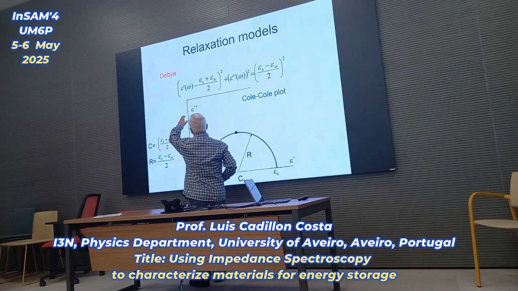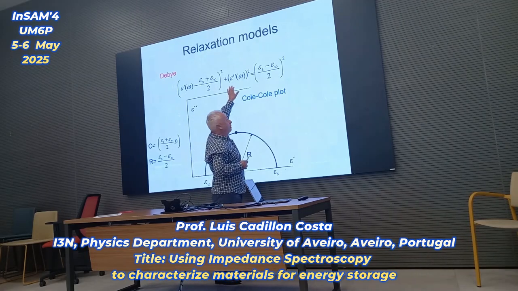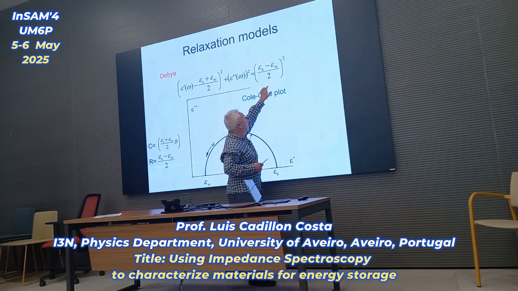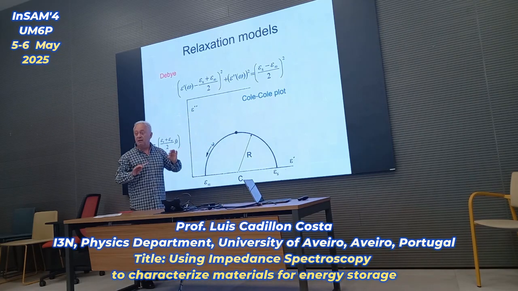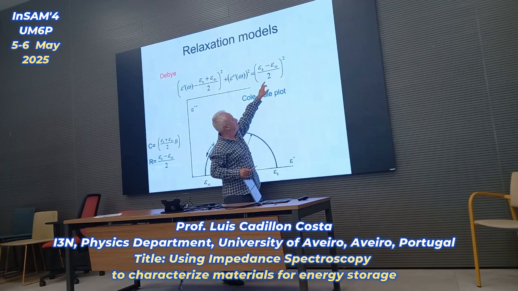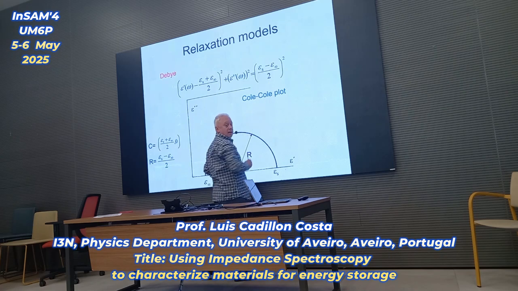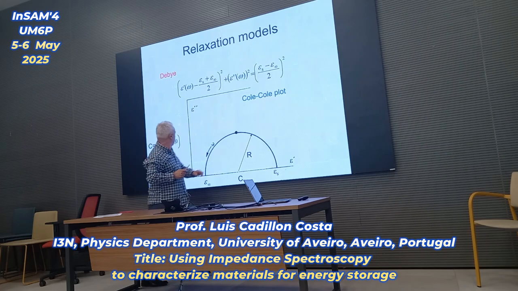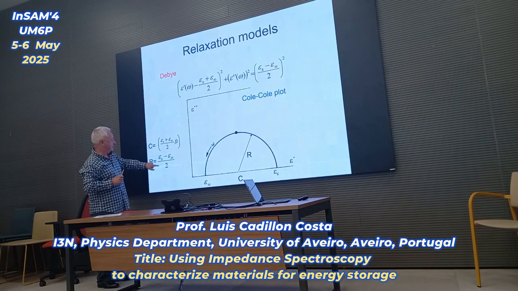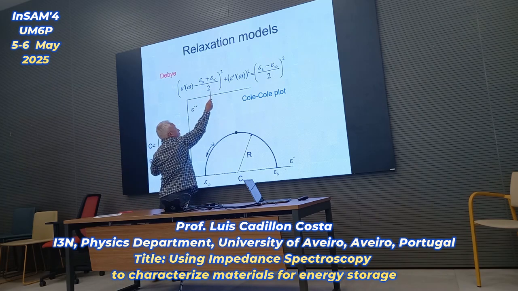What is this? Epsilon prime minus this, squared, plus epsilon double prime minus 0, squared, equals this squared. This is the equation of a perfect circle. The radius of the circle is this, and the center of the circle is this, 0: epsilon static plus epsilon infinite divided by 2, 0.